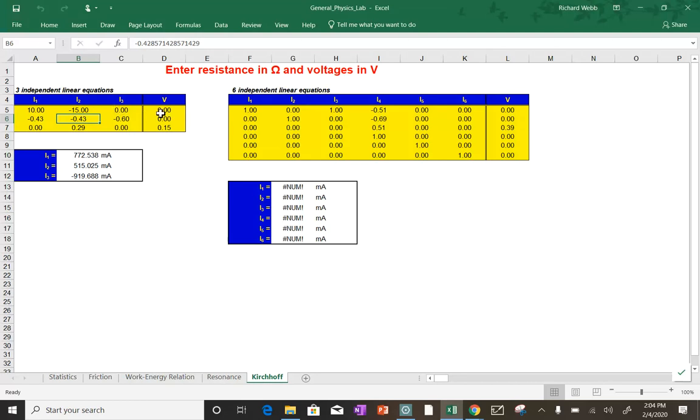So you'll just put your numbers into the spreadsheet and make sure you put in zeros where they belong because it's pre-populated with numbers. And if you put in your numbers, resistance in ohms and voltage in volts, then it should give you the current in milliamps.